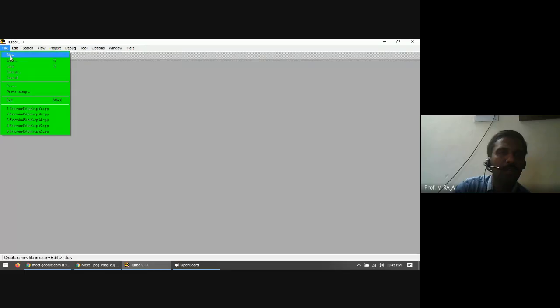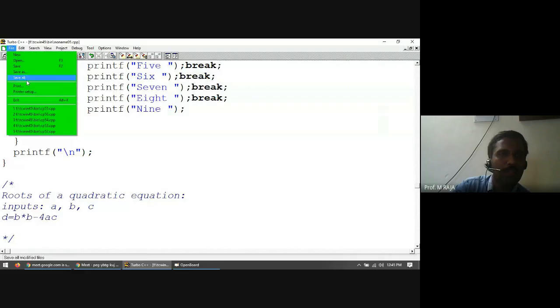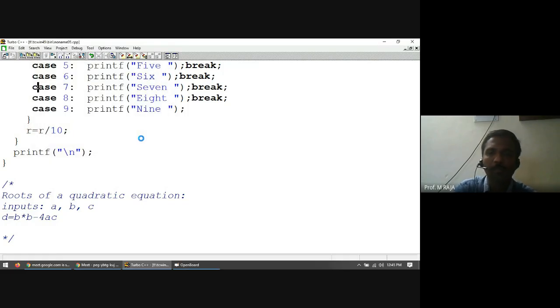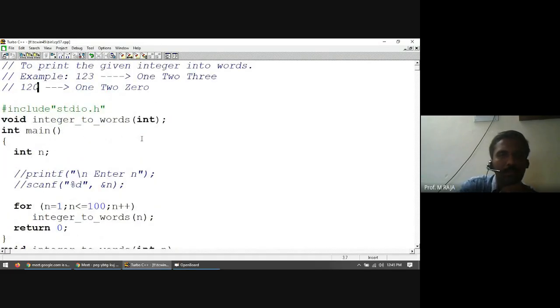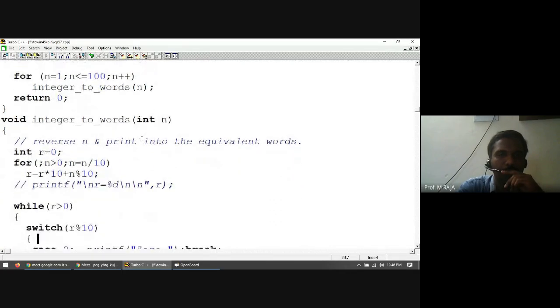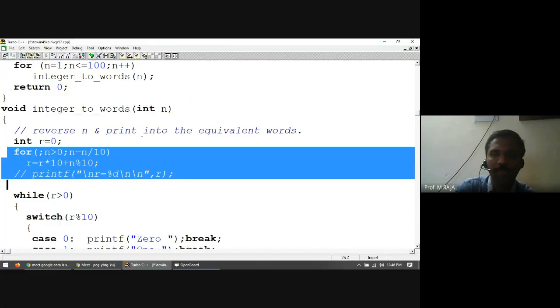File, new, edit, paste, have a file name CP57, digits into words. Here enter n, or scanner, no problem. There is no change here. Here we don't want to find its reverse, so I remove this for loop, shift delete.